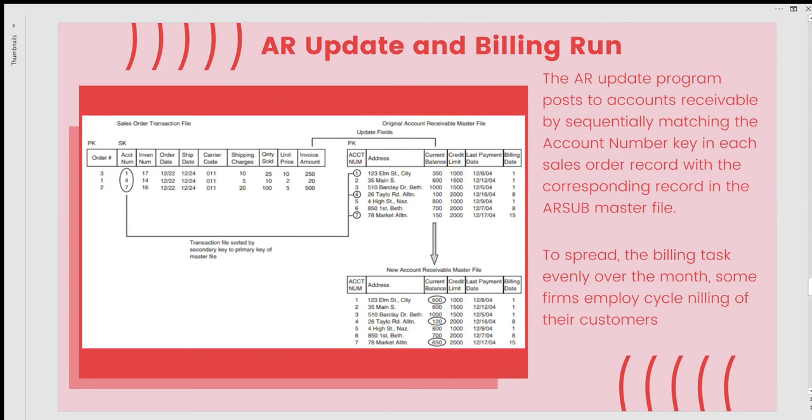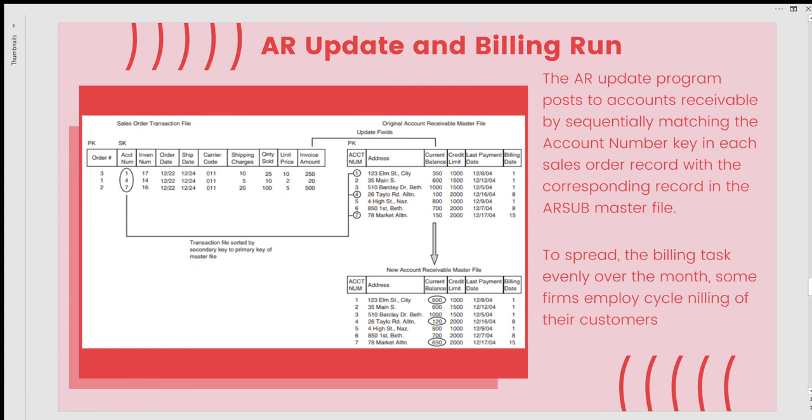So next is the AR update and billing run. So the AR update program goes to accounts receivable by sequentially matching the accounts number key in each sales order record with the corresponding record in the AR SVB master file.